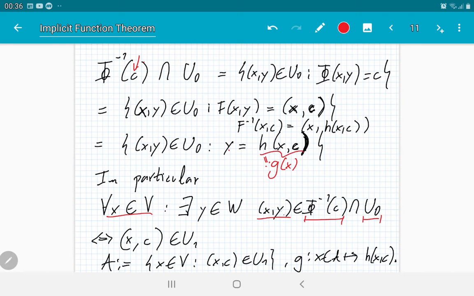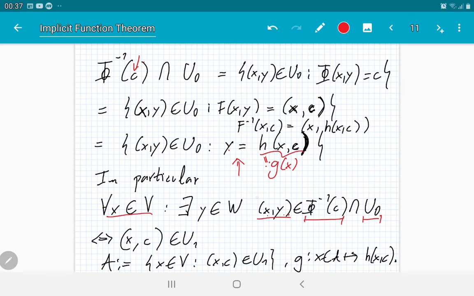That means that x, y has the form x, h of x, c. So in order for this to be true, it must be that the pair x, y satisfies this condition here.